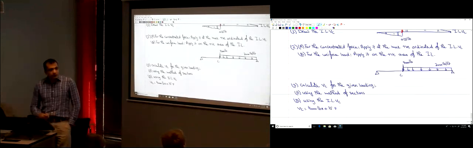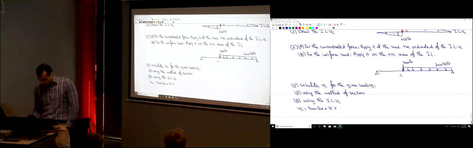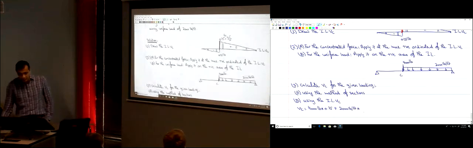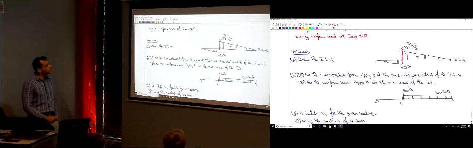Plus, if you have a uniform load, you multiply W, which is 2,000 pounds per foot, times the area of the influence line over which it is applied. Where's the uniform load applied?